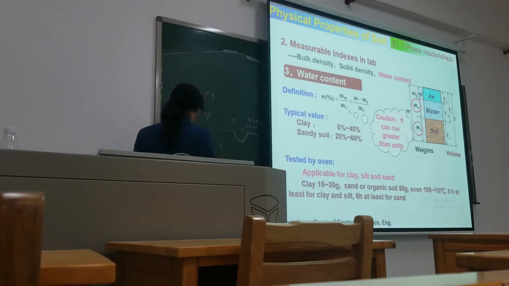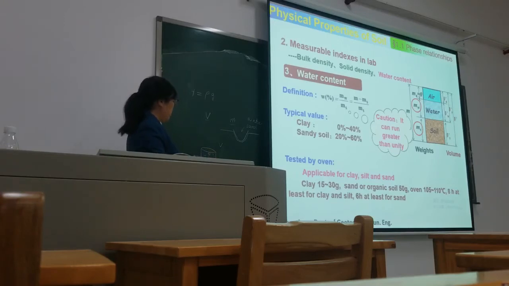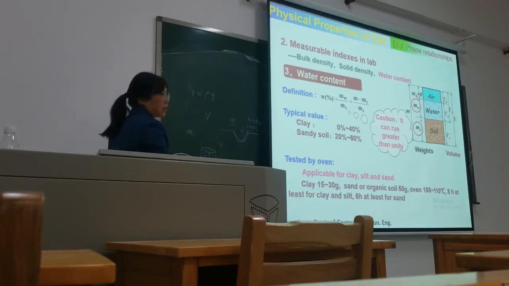First, we measure the mass of the box, the soil and the box. The box mass we call mass 1.